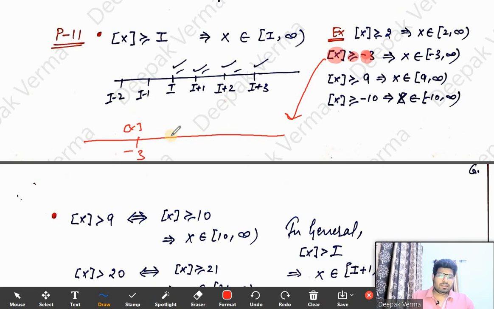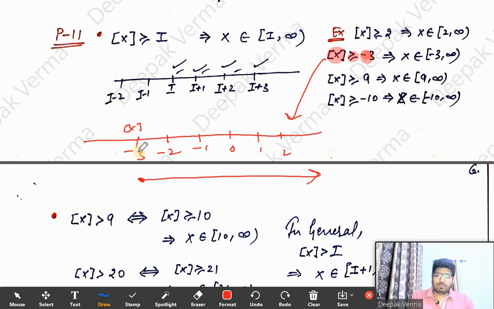Then the next integers greater than that will be minus 2, minus 1, 0, 1, 2, like this. So x can be anything ranging from minus 3 to infinity. Got it? When x belongs to minus 3 and minus 2, we will get the answer minus 3. When x is between minus 2 and minus 1, we will get minus 2. When x is between minus 1 and 0, we will get minus 1.